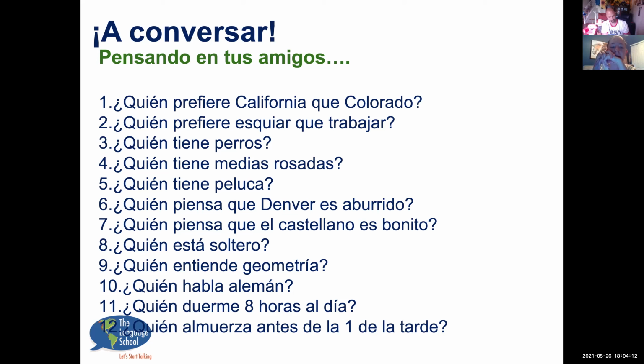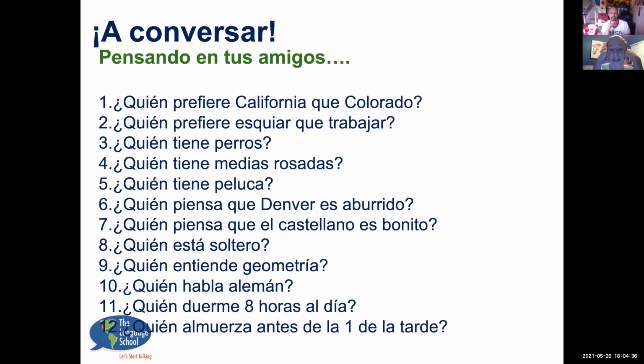Mi prima Emily tiene un perro. ¿Quién tiene medias rosadas? ¿Qué significa medias rosadas? Pink socks.